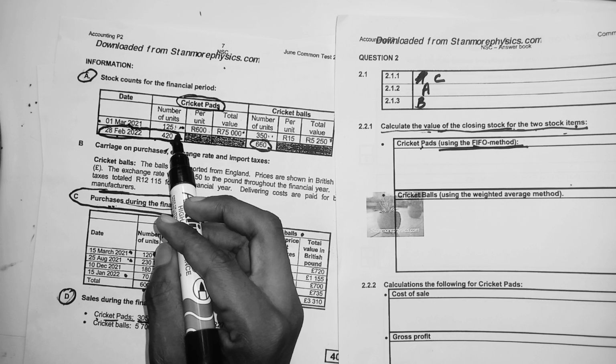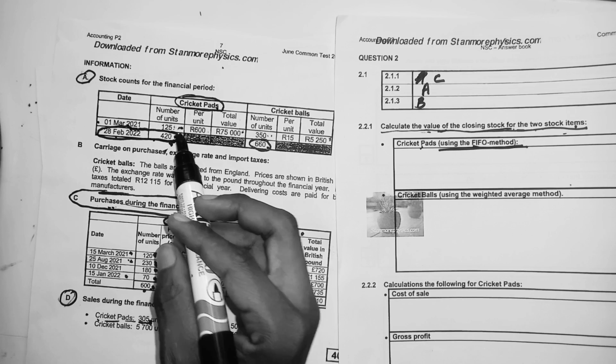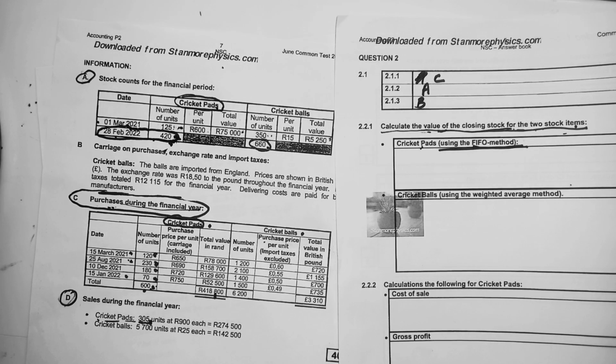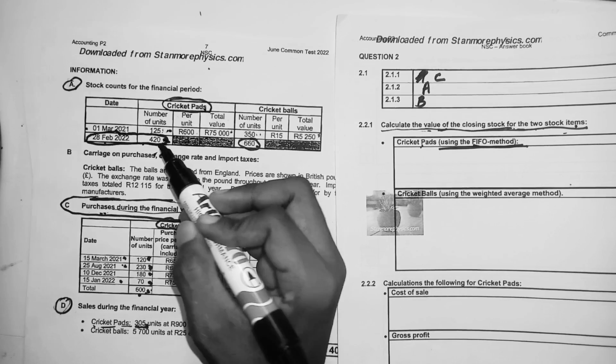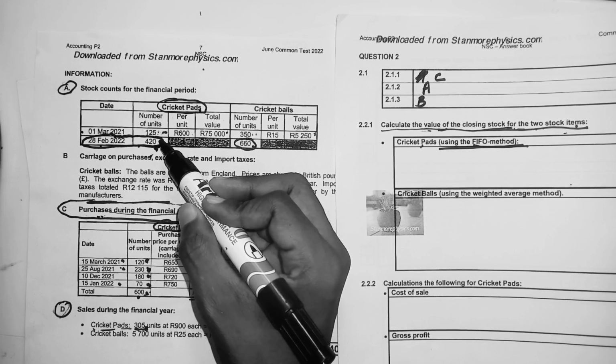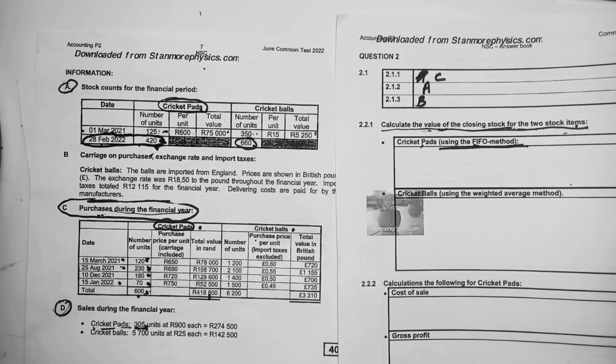The closing stock on 28 February, we are having 420 units. So there are steps here that you need to follow to get these 420 units if they did not give you. There is a way that you can get these 420 units if they did not give you. So let me just get a blank paper so that I can show you.